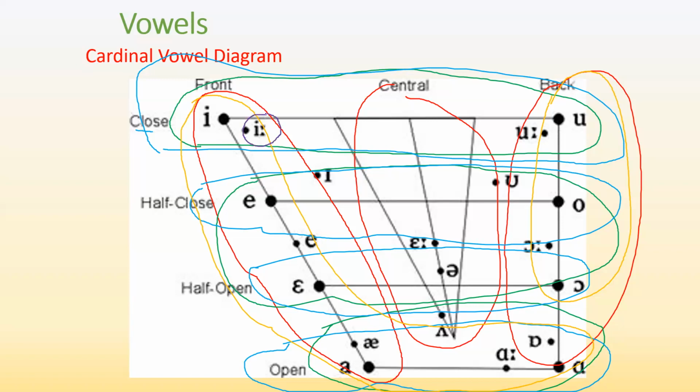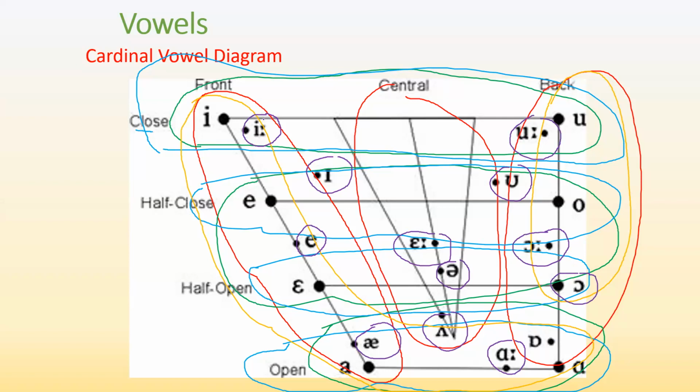So that is E, E, A, R, A, U, U, O. Okay, check whether there are 12 now. 1, 2, 3, 4, 5, 6, 7, 8, 9, 10, 11, 12. So these are the 12 vowels you need to consider.